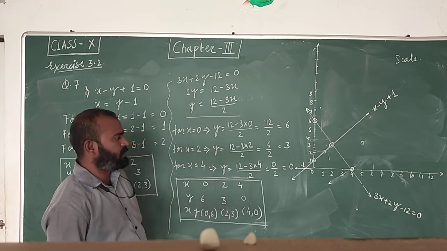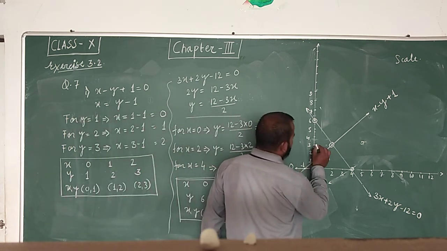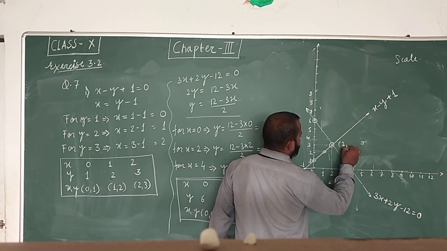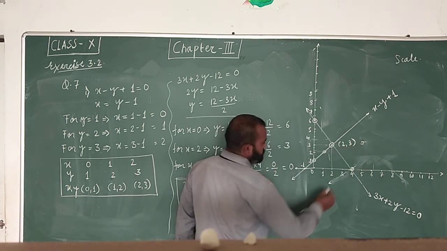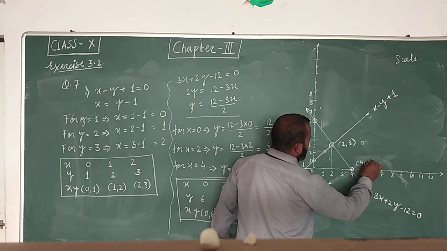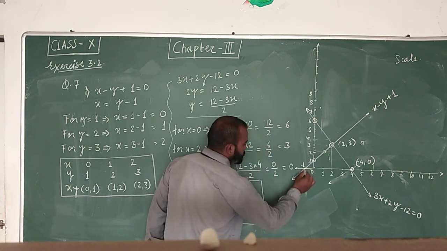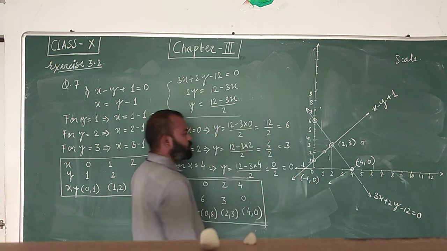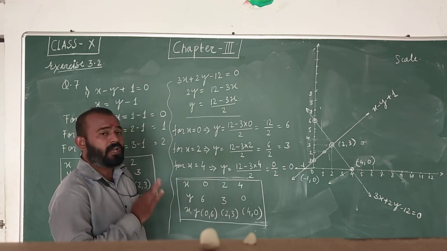So we have to write the vertices. Which vertices are these? (2, 3), (4, 0) and this one is (-1, 0). These are my vertices.